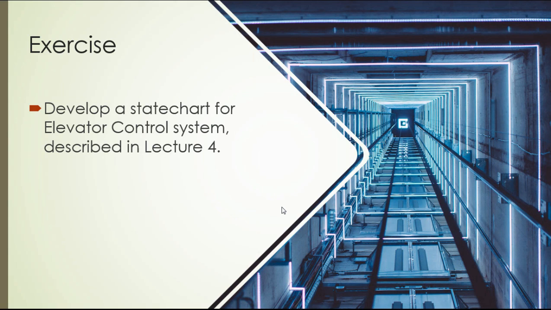You can develop it as a flat state chart. This is the easy way to start developing state charts. Just start with a flat state chart and then later improve your design by combining some states together, combining some processes together, and come out with a hierarchical state chart.